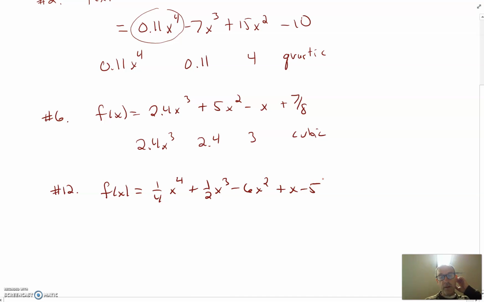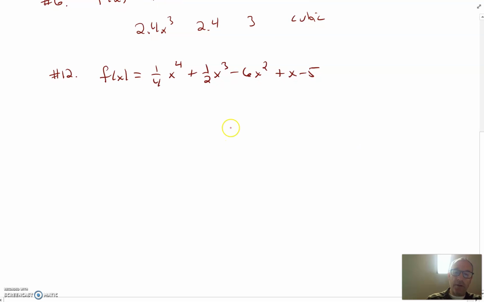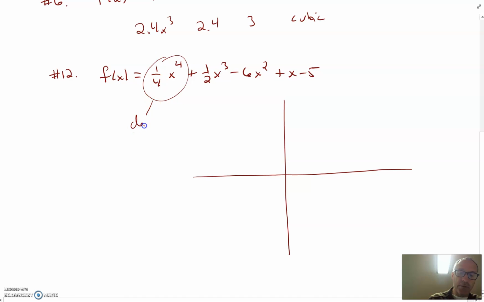It means if we graph this polynomial, plot points, what happens on the edges? So for example, if I start to graph this polynomial, I don't care about what happens on the inside part right in here. I want to know what happens way out here on the edges. This determines the edges, or the end behavior.